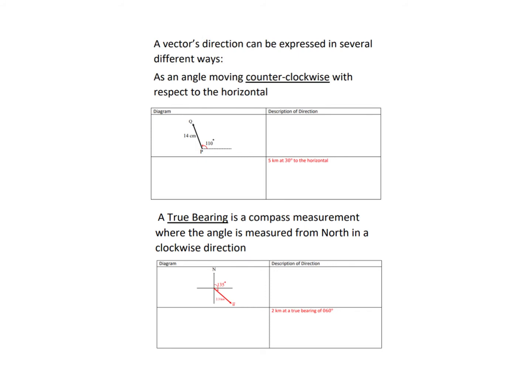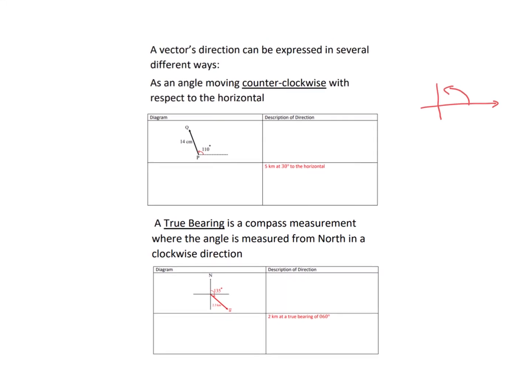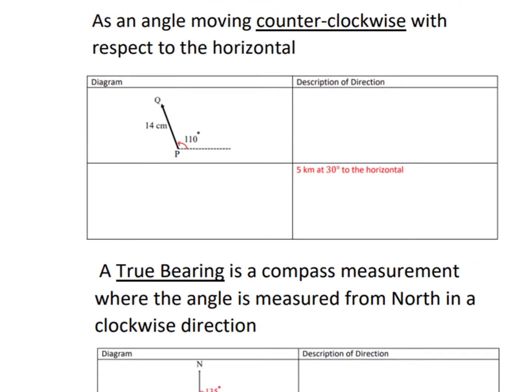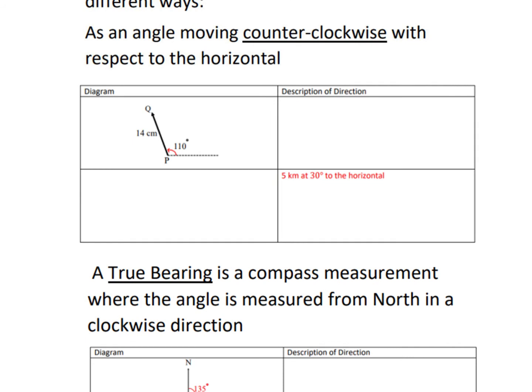Okay, direction. Let's talk about direction. Direction can be represented in a few different ways. One way is to measure it from the horizontal. When we talk about the horizontal, we're talking about the positive x-axis and measuring in the counterclockwise way. Here I have a diagram. It is being measured from the horizontal.